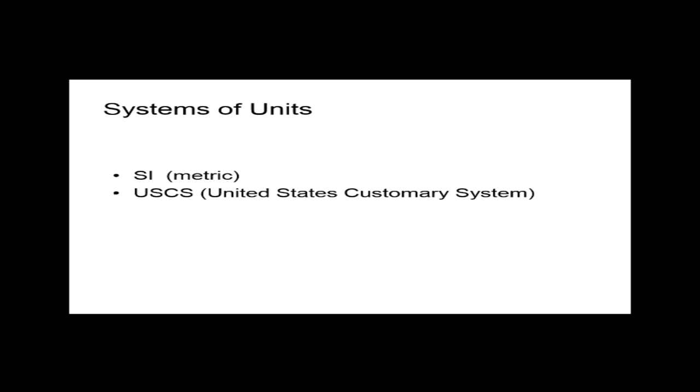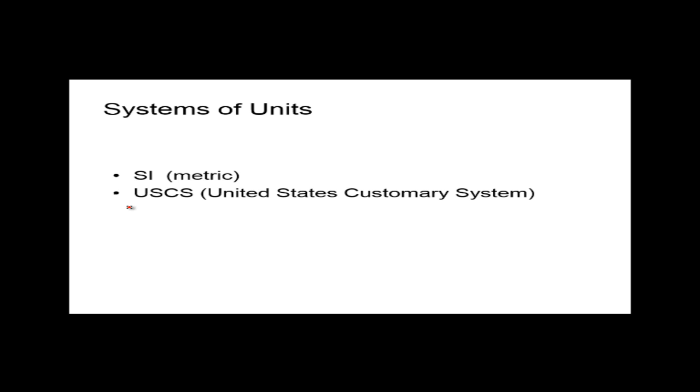Units. We have two big systems of units, SI or metric. SI is the official name. Metric used to be the official name. They changed it to SI. Metric is still used. It means the same, right? You go buy wrenches. Give me the metric wrench, or give me the SAE, which is Society of Automotive Engineers, SAE wrench. That just means they're in 1/2 inch and 9/16 and 3/4 inch for your wrenches.